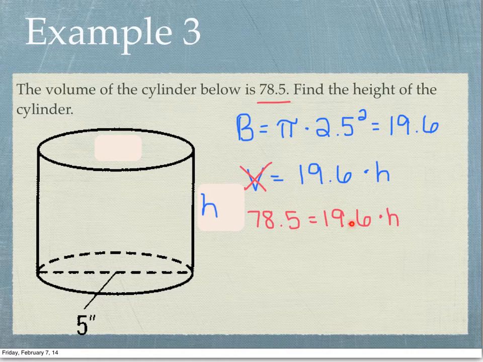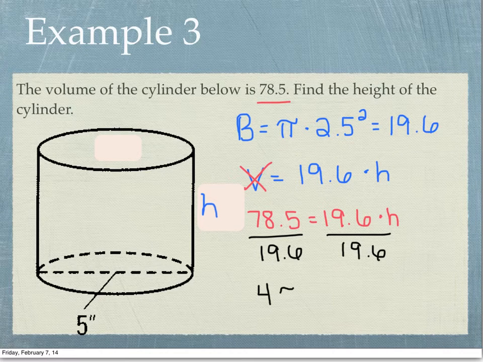So I want to get rid of this 19.6, so I just have H. And the opposite of multiplication is division. So I'm going to divide by 19.6. Say it again? 4.005. We'll just say 4. So our height's about equal to 4, and that would be 4 inches. Okay. Because probably what happened there, it probably should be 4, and just because we rounded off that 19.6, that's probably why it came off a little bit. Does that make sense?